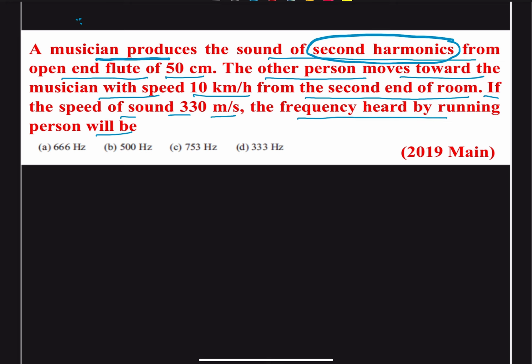And that will be acting as a frequency, which is the actual frequency that is being heard by the person, and we are supposed to find out the apparent frequency which he is hearing. Okay. So this second harmonic is going to give us the actual frequency, and we are going to find out from there the apparent frequency by using the Doppler effect. So let us first of all find out the actual frequency.